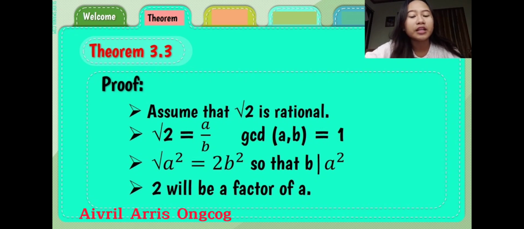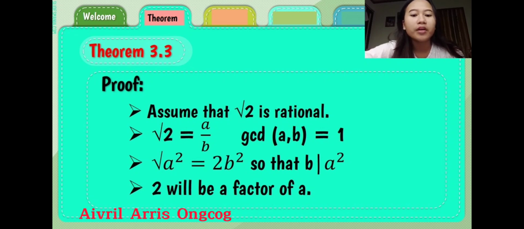Our a and b here cannot be equal to 0 and therefore must be greater than 0, because our values of a and b are positive integers with a GCD of a and b equals 1.